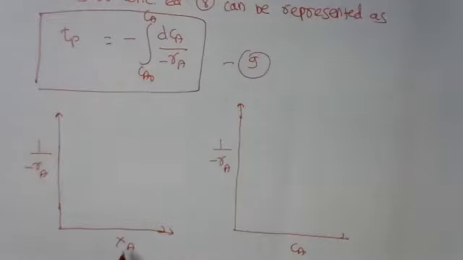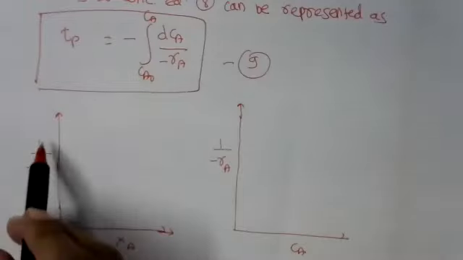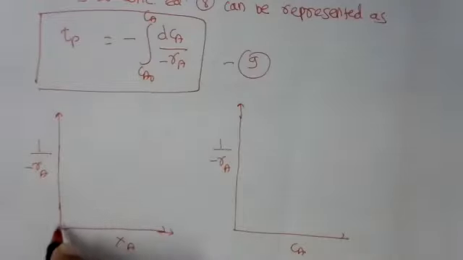Let us understand it. Now when time t is equal to 0, conversion will be minimum, and when conversion is minimum or say 0, the concentration is maximum. Now rate of reaction is the function of concentration, and therefore in the beginning rate of reaction will be highest, and therefore 1 upon minus RA will be lowest. So like this.